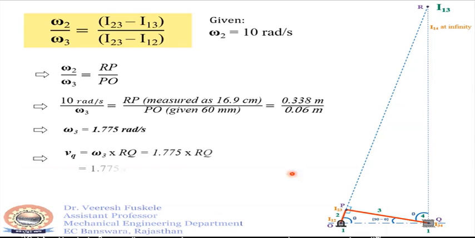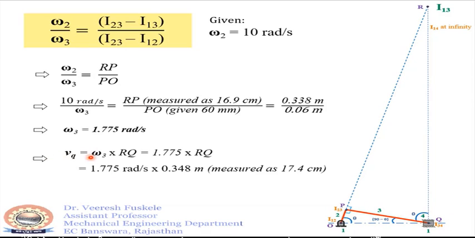VQ will be omega 3 into RQ. So this point will have the angular velocity of omega 3, because point Q is also on link 3, so it will have the same angular velocity as that of link 3.